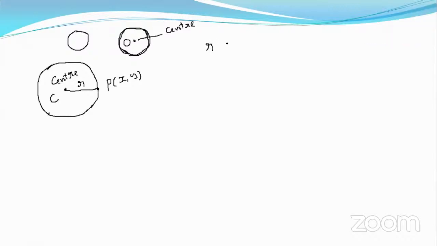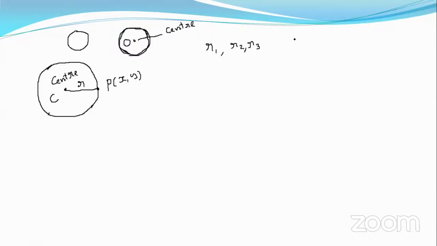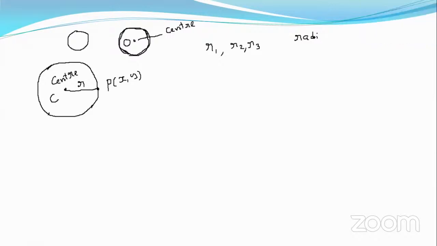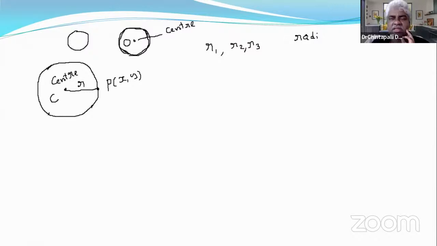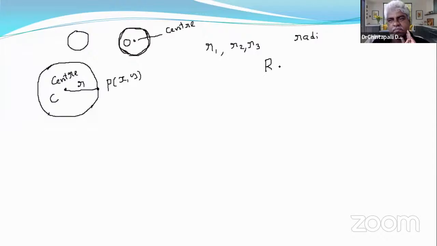But in different cases, especially in trigonometry, R1, R2, R3, and R are also used to denote radii, that means radii of circles. Radii is the plural of radius. In some cases, a capital letter is used to denote a big circle.